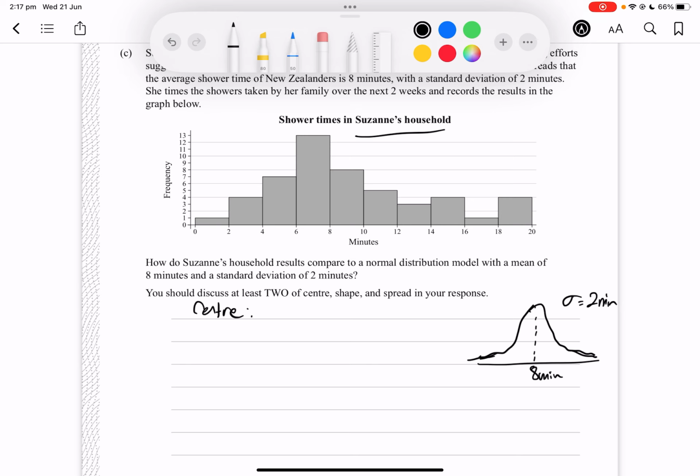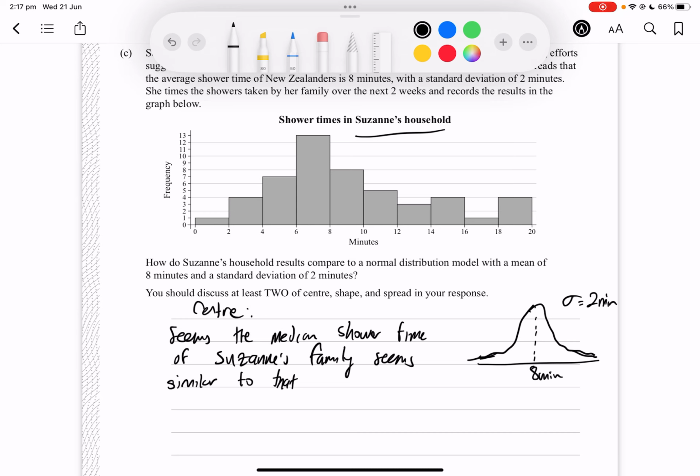So for the center, it seems the median shower time of Suzanne's family seems similar to that of the normal distribution with mean of 8.